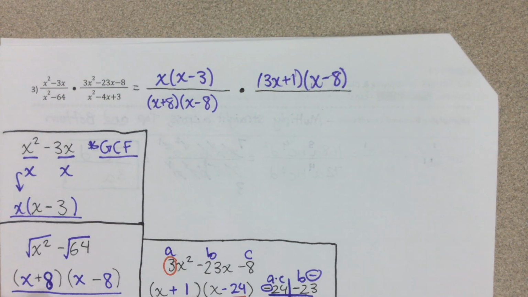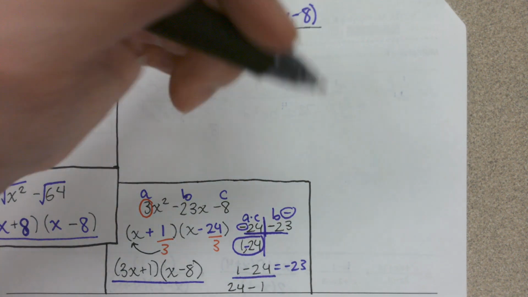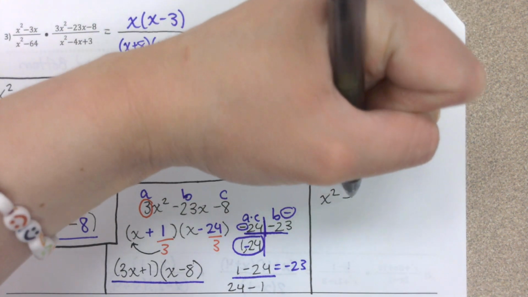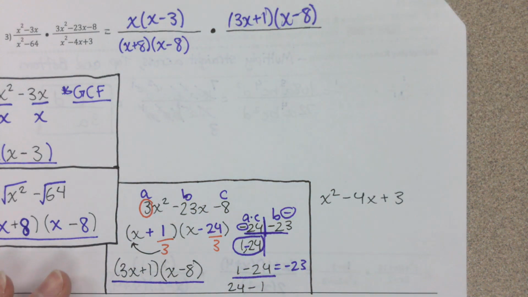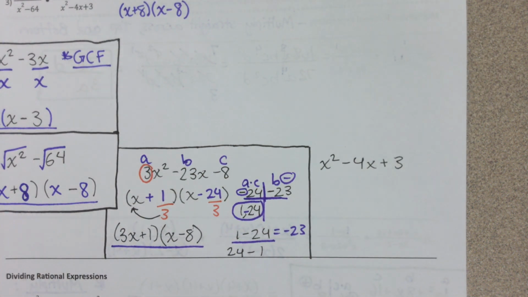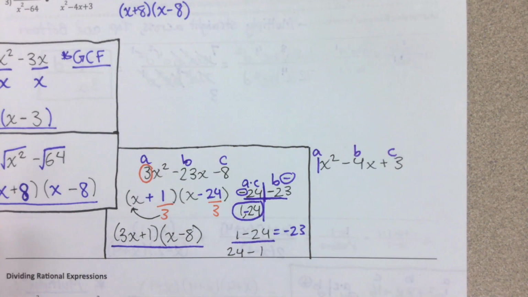I have one more problem to do, and it's this bottom one here. That will only take a moment. X squared minus 4x plus 3. No GCF here, the front number is 1. We'll label ABC and use the ACB chart.